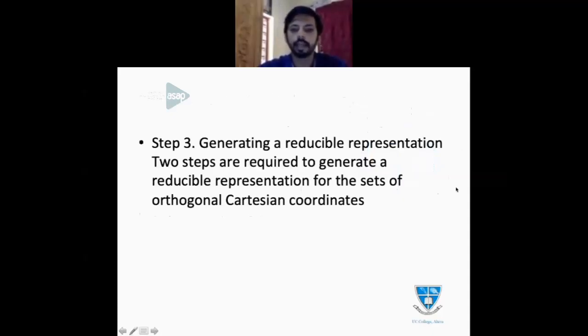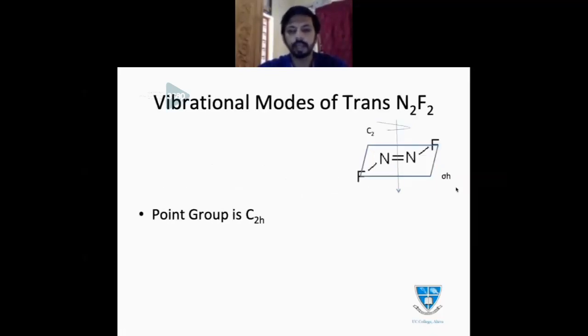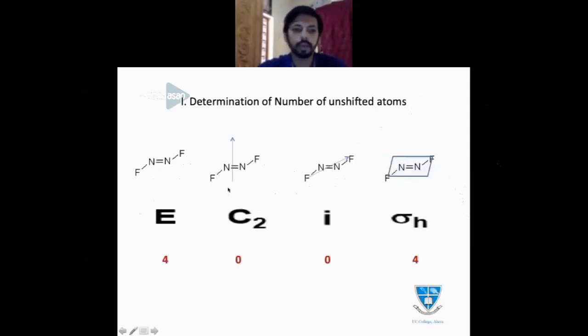We generate a reducible representation using the Cartesian coordinates. We take the number of unshifted atoms and determine the character of the symmetry representation. For E, the number of unshifted atoms is 4. For C2, since the axis passes through the N double bond N, all the atoms are shifting, so the number of unshifted atoms is 0.